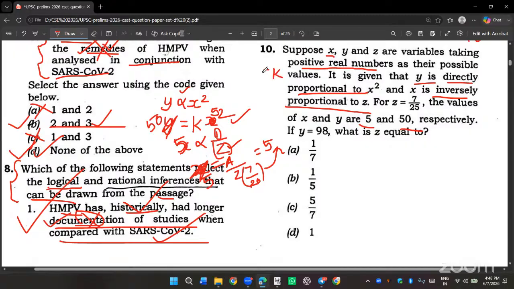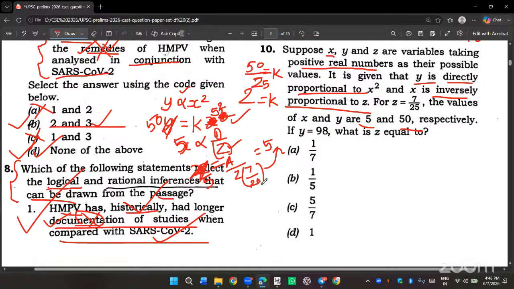So K is equal to 50 by, sorry, not 5, 5 square. Here square is there, X squared. So 5 squared, 25. So we will get a K value 2.